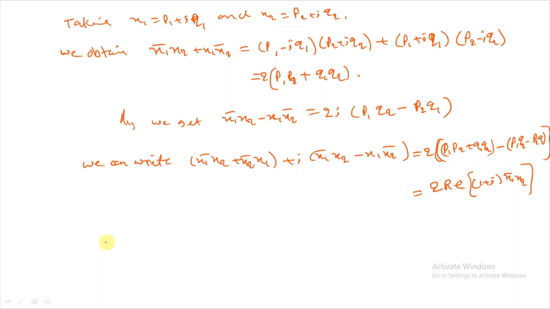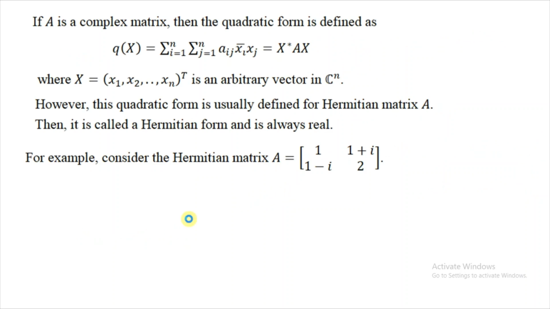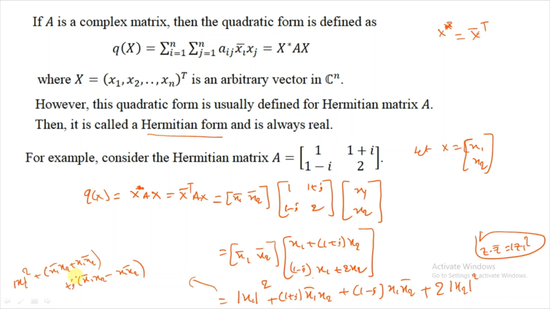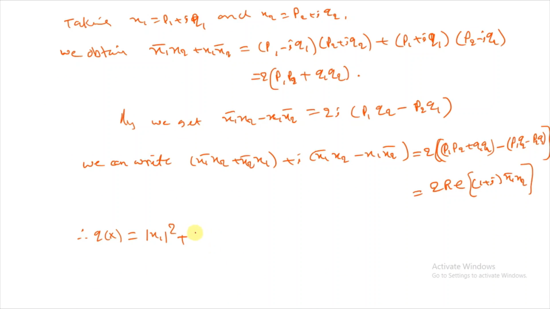Therefore, q of x, what is the q of x? |x1|² plus x1 conjugate x2 plus x2 conjugate x1 plus i into this term. This term is 2 real into real part of 1 plus i into x1 conjugate x2. The total is the real part plus |x2|².